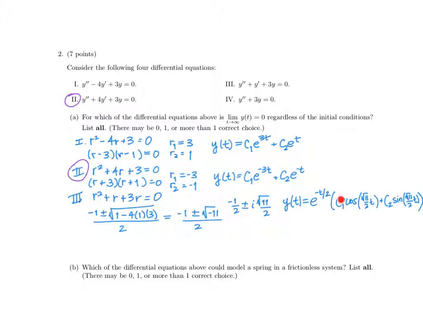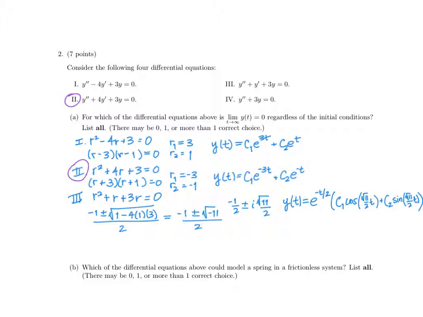This part in here does not matter so much. It is periodic if it's totally left alone, but the issue is this coefficient out here. This will cycle again and again forever, but its amplitude is basically being controlled by this function, e to the -t over 2. And as t grows without bound, this is going to go to 0.